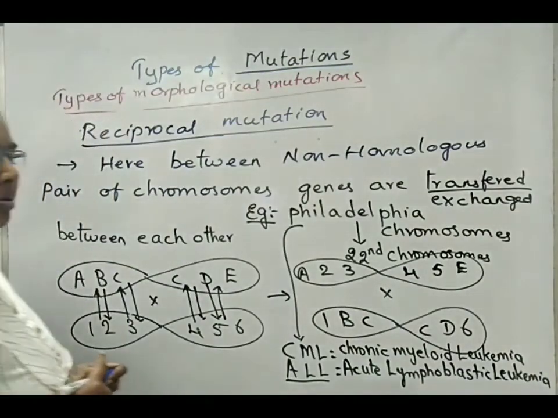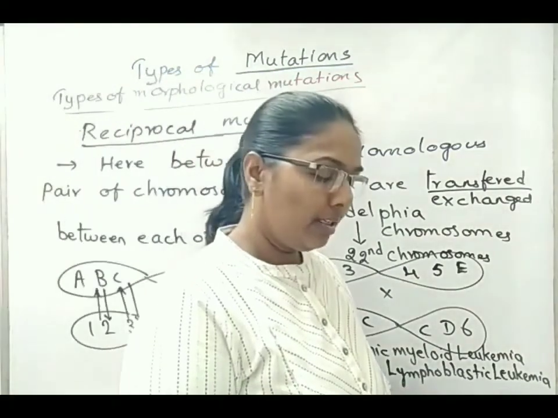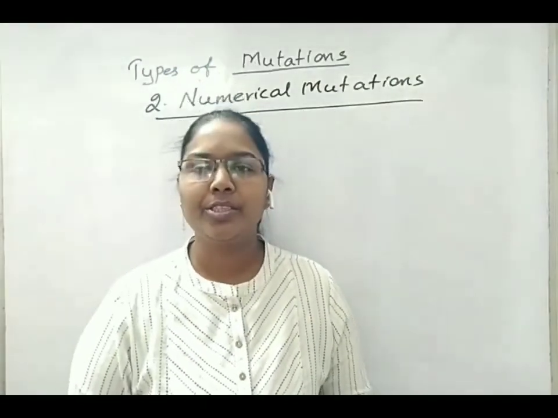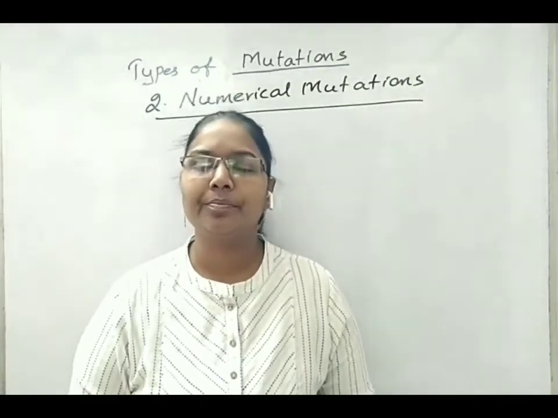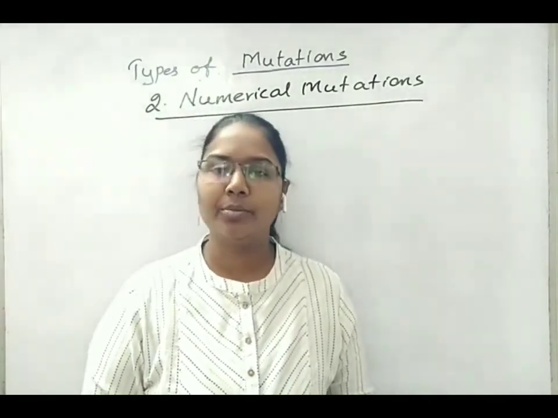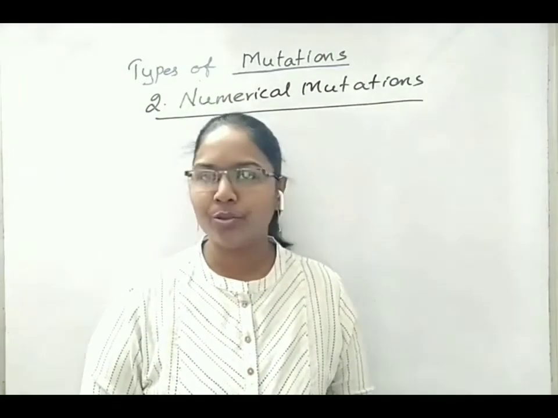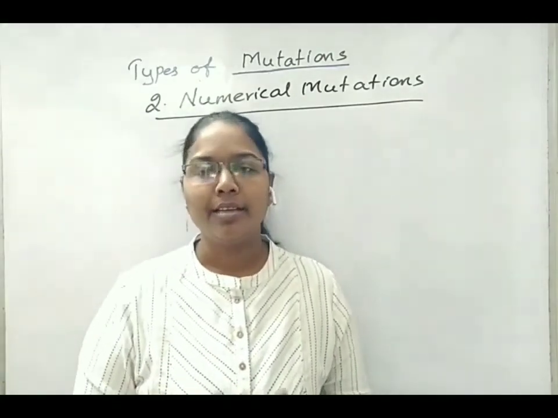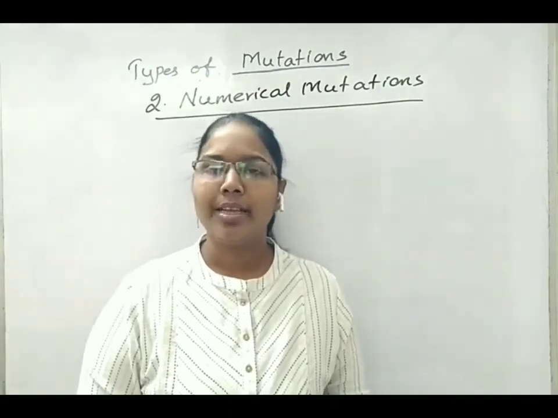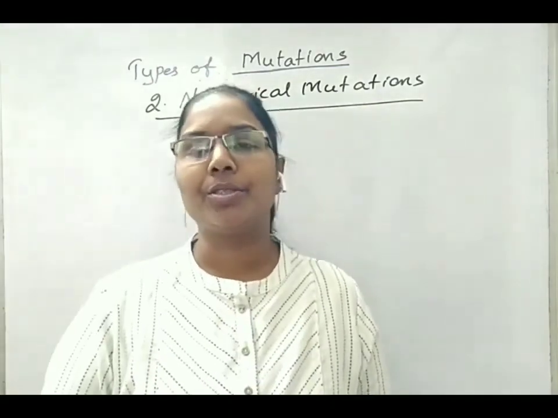So this is about chromosomal morphological mutations. There is another type of mutation, that is numerical mutation, which comes under chromosomal mutations. Here, in case of numerical mutations, there are again two types, that is change in number of sets of chromosomes and also change in total number of chromosomes.